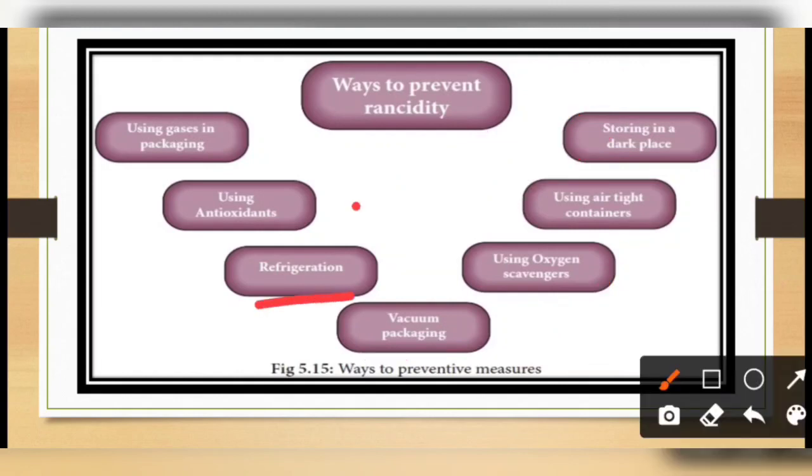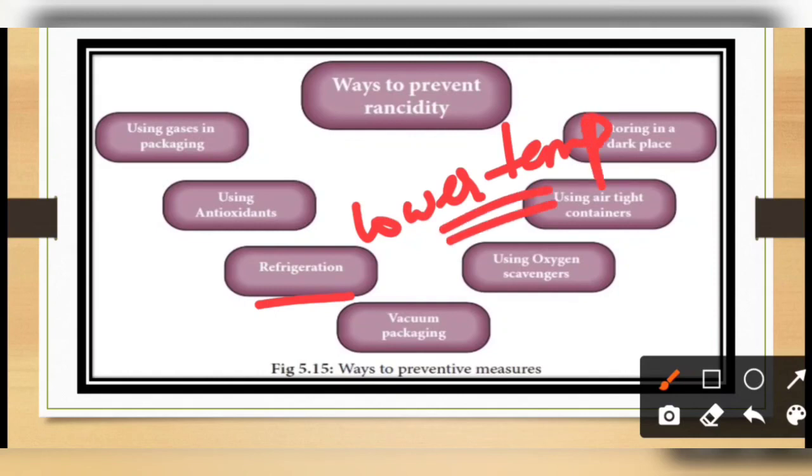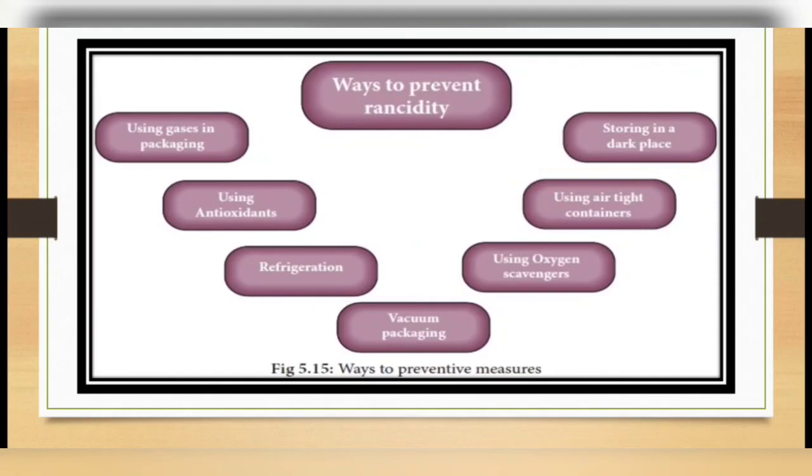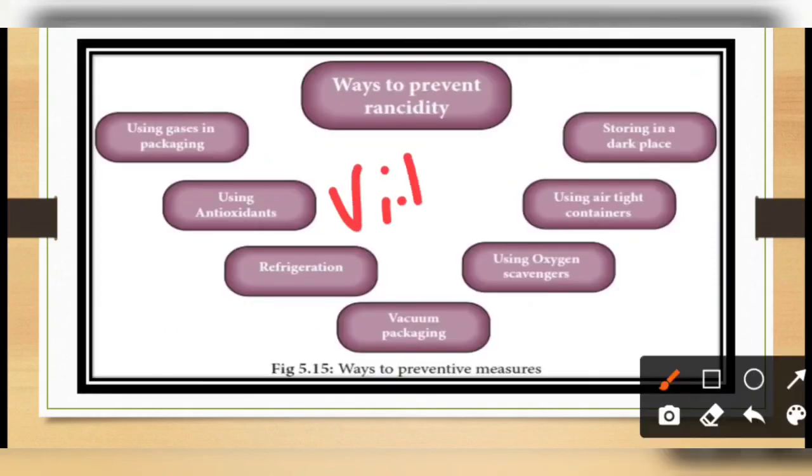Refrigeration will lower the temperature, and by lowering the temperature, oxidation is slowed. We can also use antioxidants, which are vitamin C and vitamin E. These two antioxidants prevent oxygen from oxidizing the fats and oil in the food.